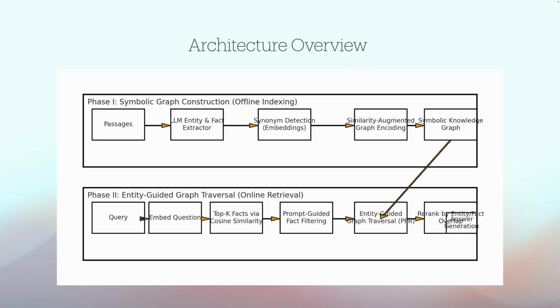So this is the architecture overview. This is something that I generated using GPT. If you see, we have two sides, the indexing side and the retrieval side, and then the final answer generation. On the indexing side, we extract entities and fact triplets, detect synonyms with embeddings, and assemble the symbolic graph with typed edges.